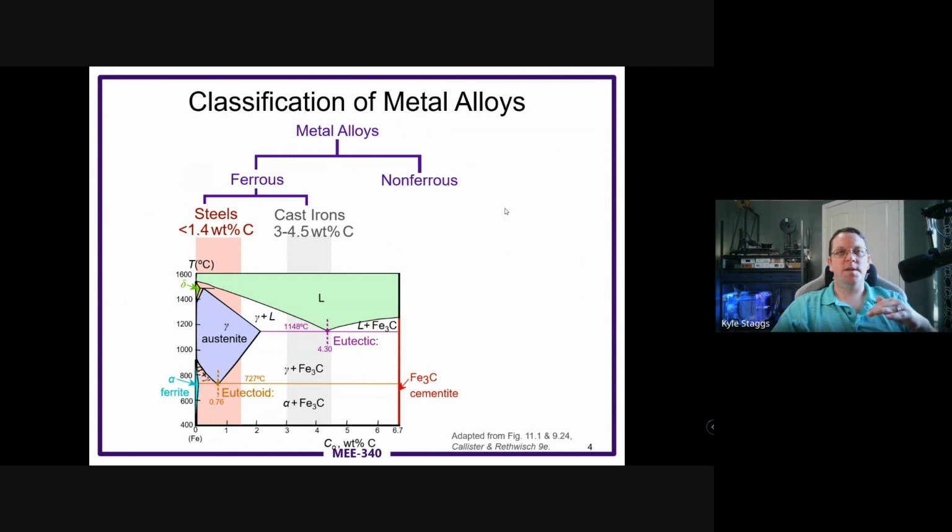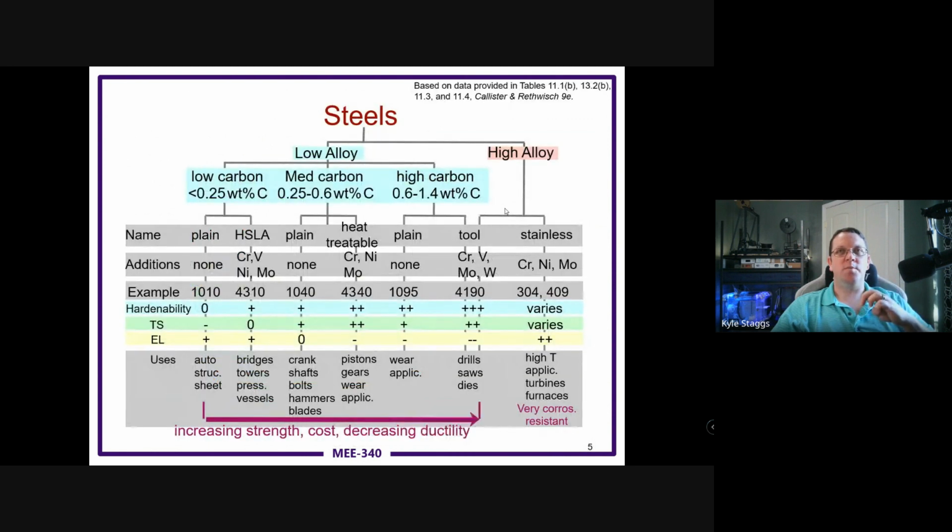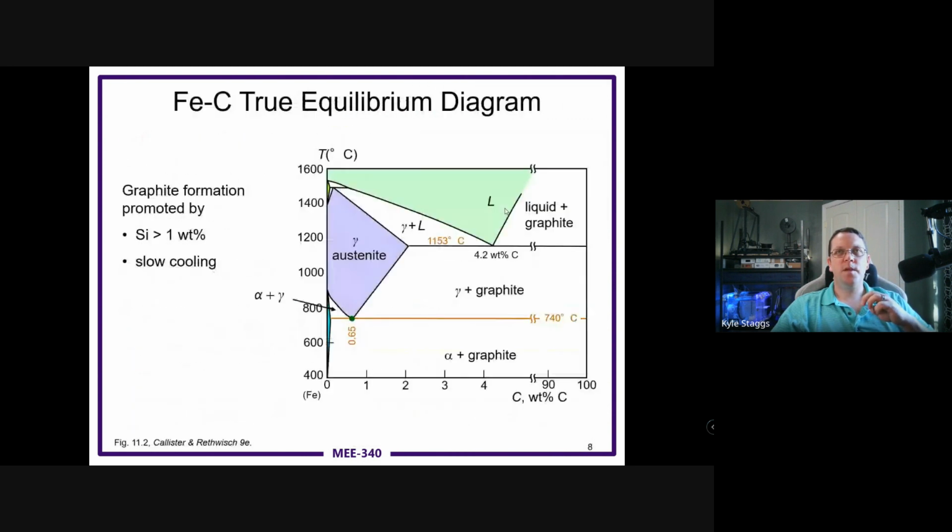If I could melt this and cast it at around 1200 degrees instead of having to kick it up to 1600 degrees, that would be preferred, right? So the lowest melting point is where a lot of those cast irons are made, just because they don't have to go as high in temperature to be able to reach those regions. And that's why that eutectic point is so important.